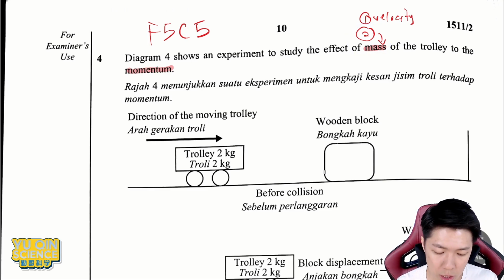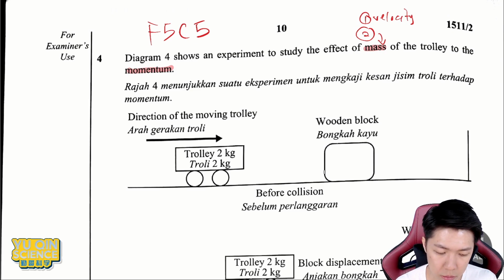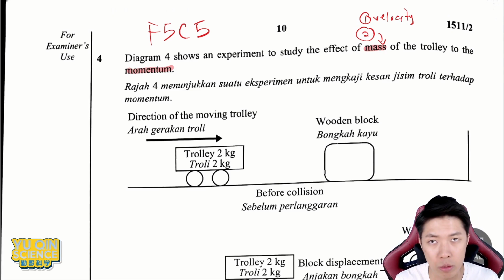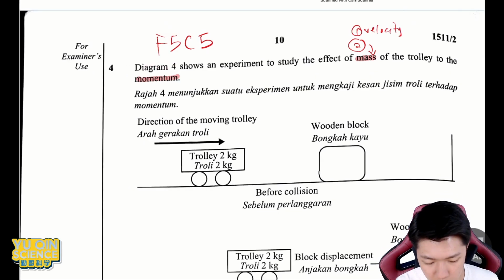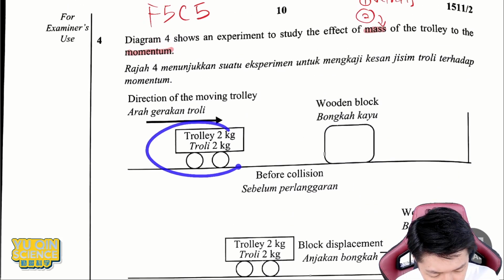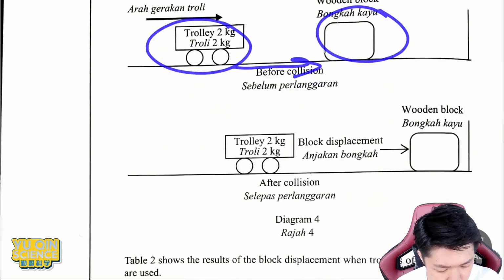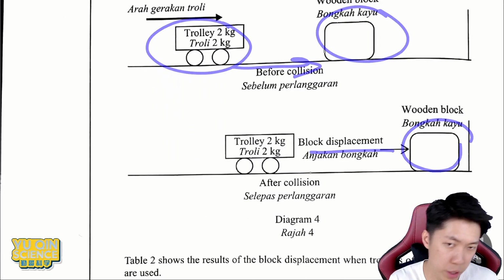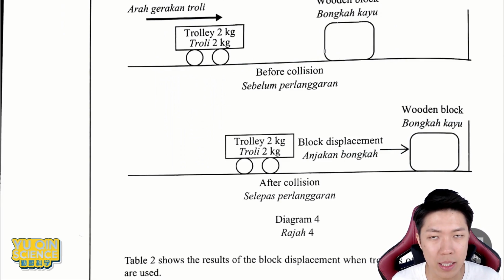So our velocity should be my constant variable, I guess, which is the thing that must be fixed. The one that we are testing here is how heavy the trolley is. Okay, for example, I look at the picture. We have 2 kg and then a wooden block. Before collision, then after collision, it pushes the block backwards. So that's like how a car accident happens.